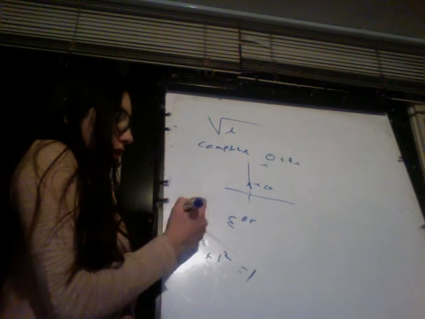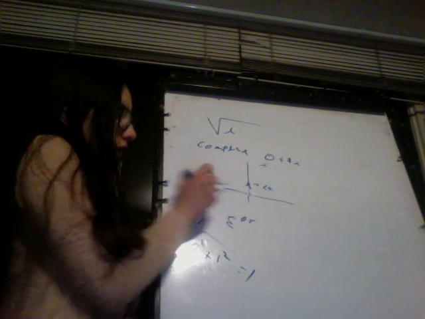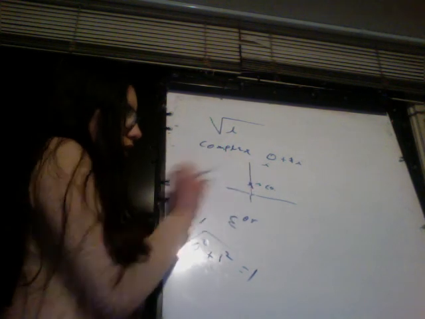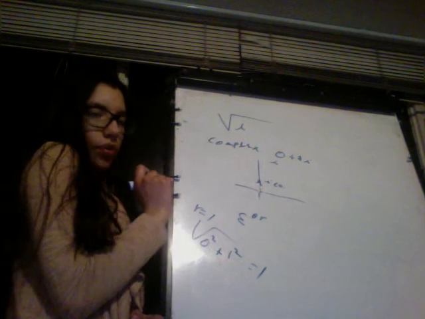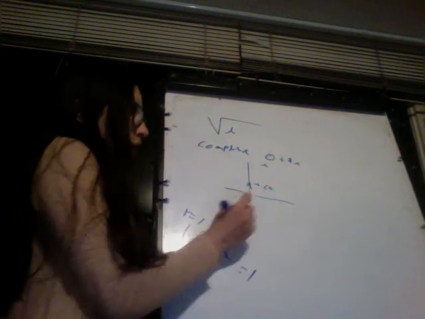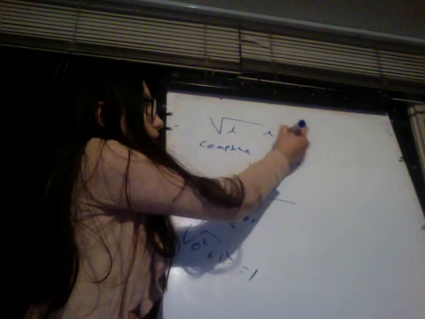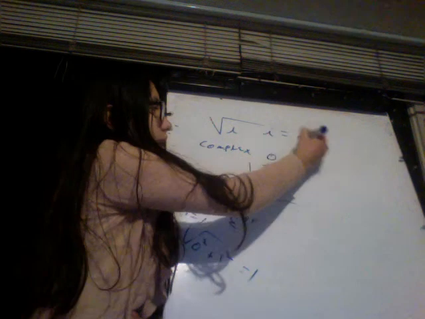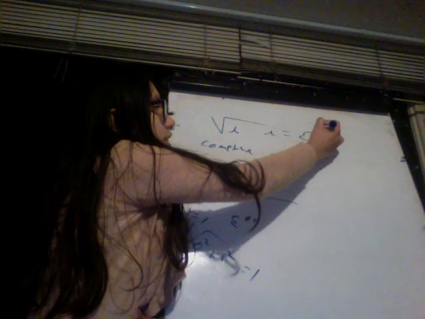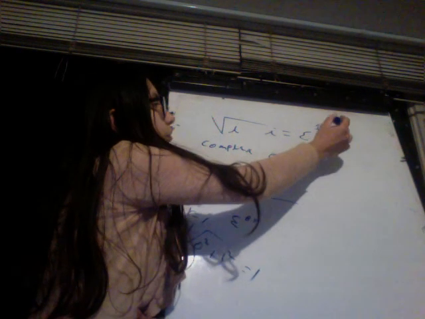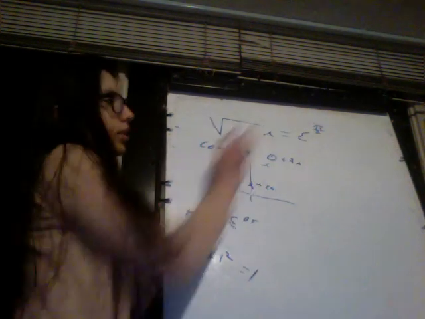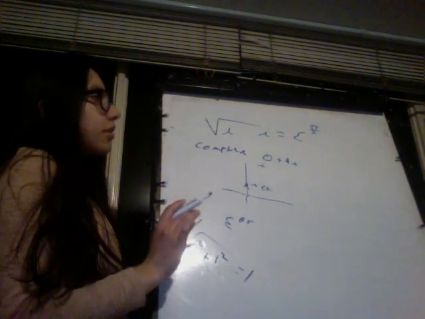Alright, so R, the modulus, is 1, and the angle is 90 degrees, but we put it in terms of pi. So i is equal to e to the 90 degrees, that is pi over 2, times 1. This is i in polar coordinates.